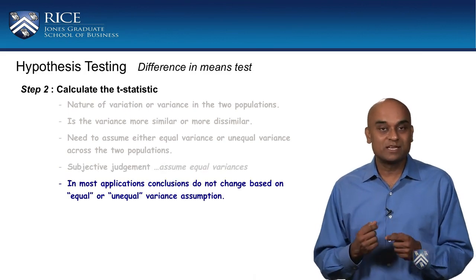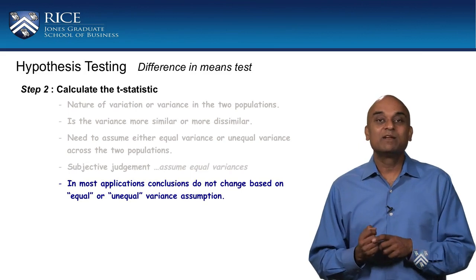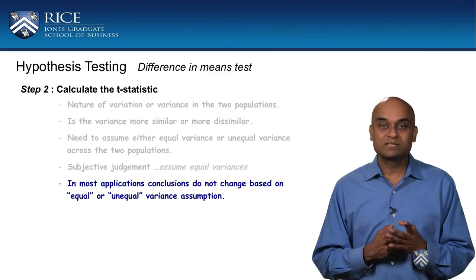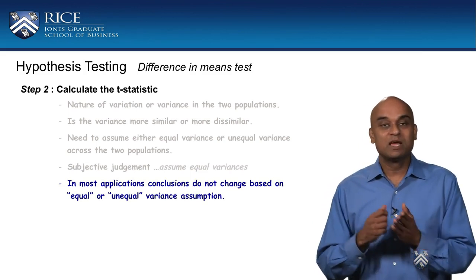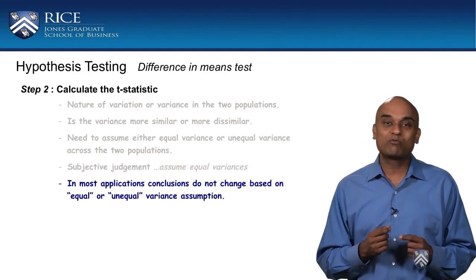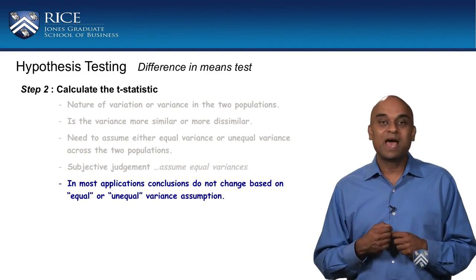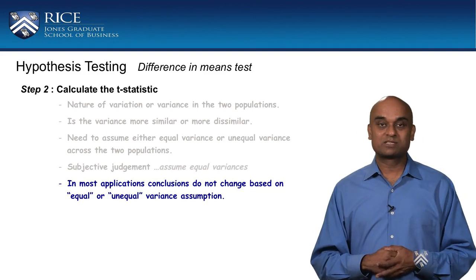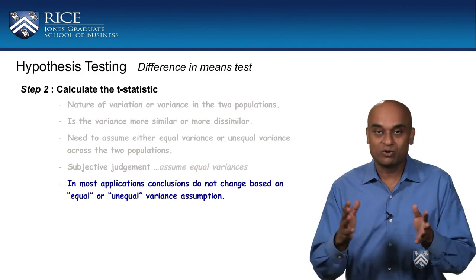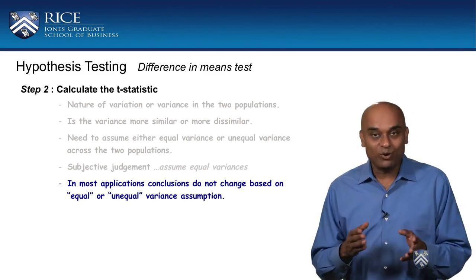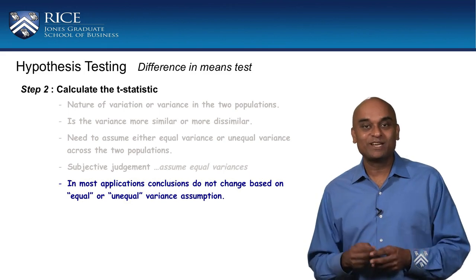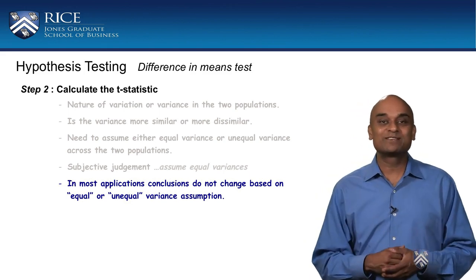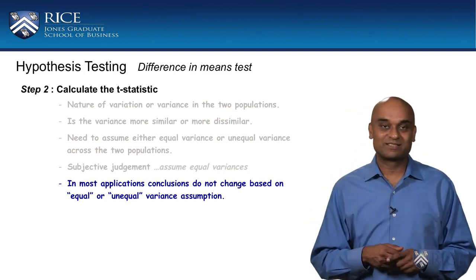However, as you will see in subsequent lessons, in most applications this argument of equal versus unequal variances is more of an academic argument, and in terms of results of the hypothesis test, your conclusions really do not change. So, if in doubt, you may as well flip a coin and either assume equal variances or assume unequal variances.